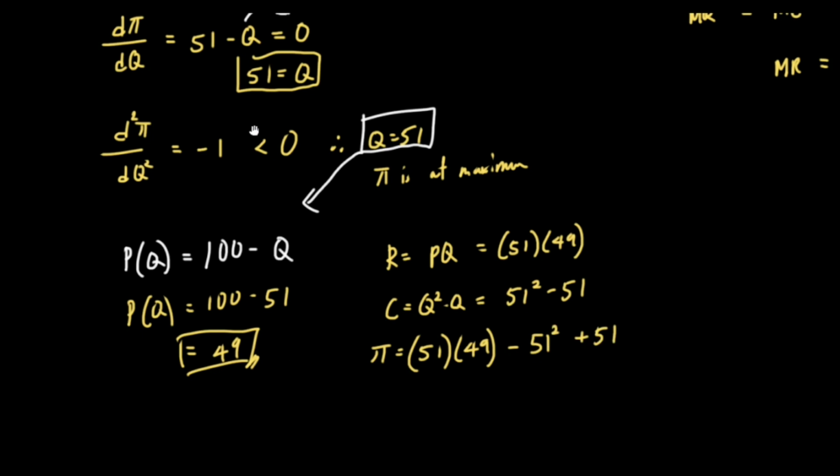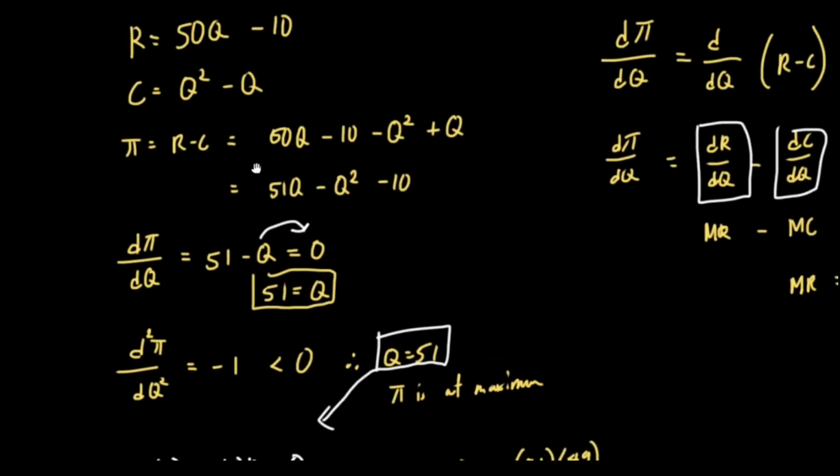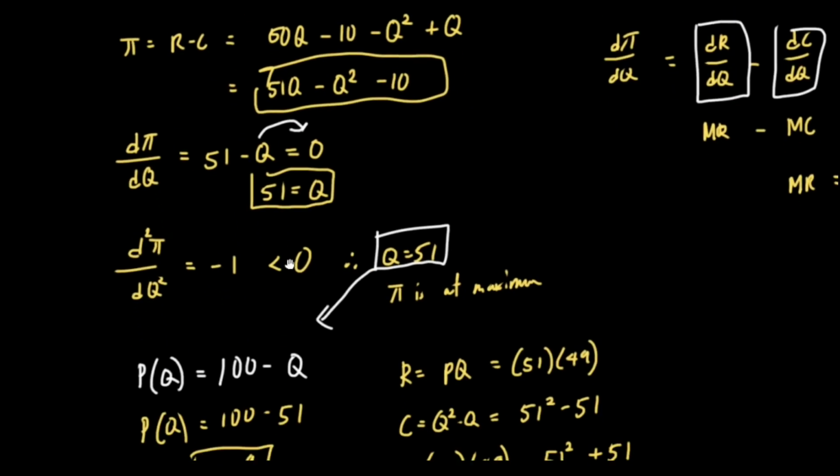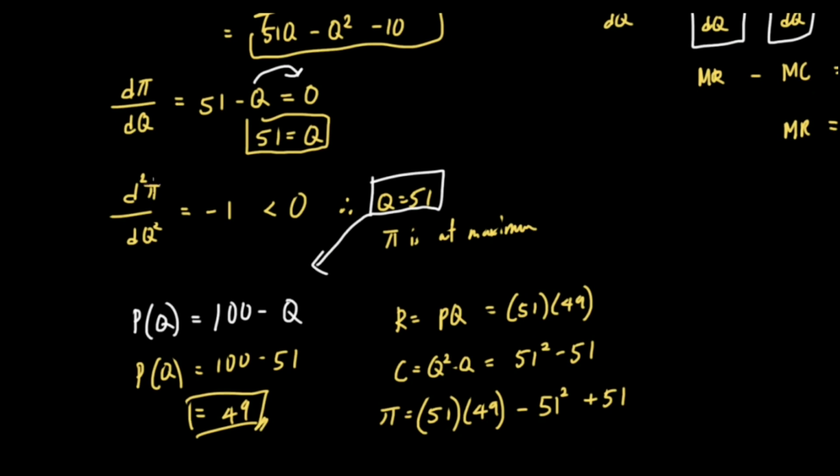And so, again, the first step is to identify our revenue and cost functions and to find our profit function. Now that we have our profit function, we take the derivative with respect to q and equate it to 0 to find the minimum or the maximum. Then we take the second order derivative of pi with respect to q to find if it's a maximum or a minimum.